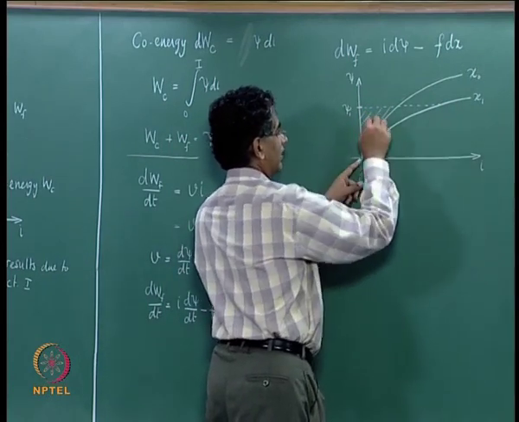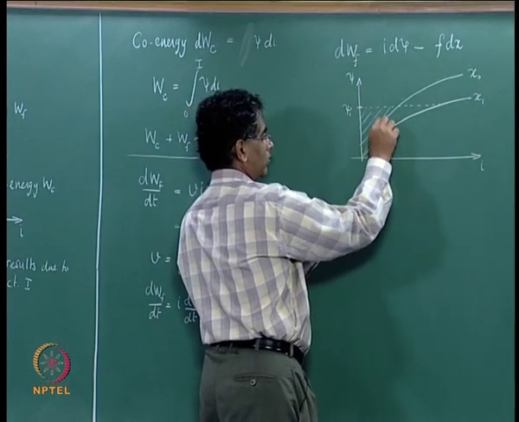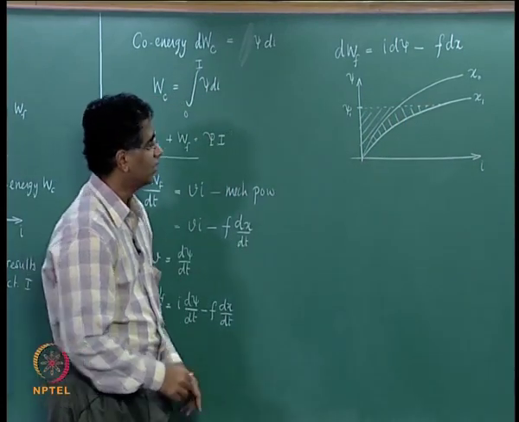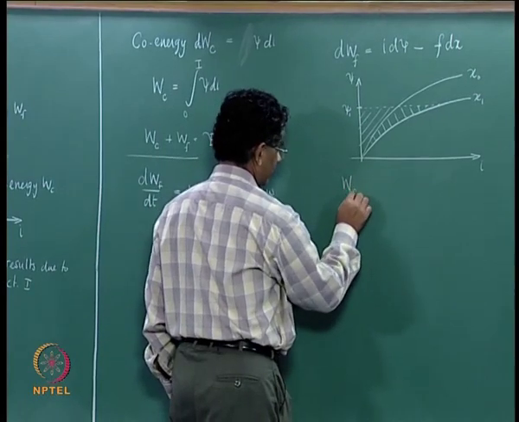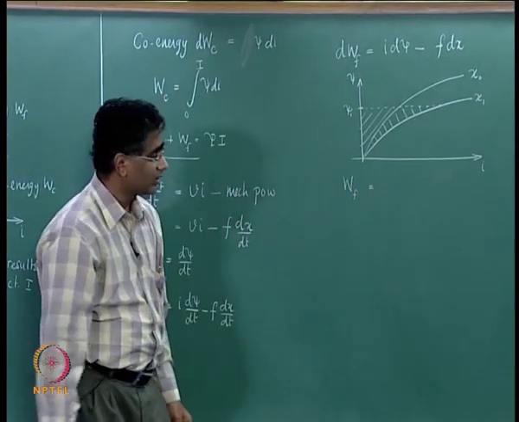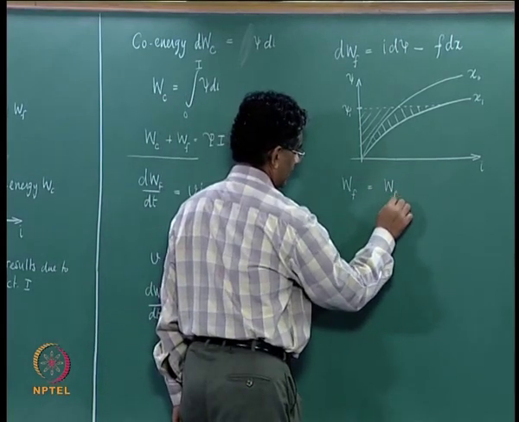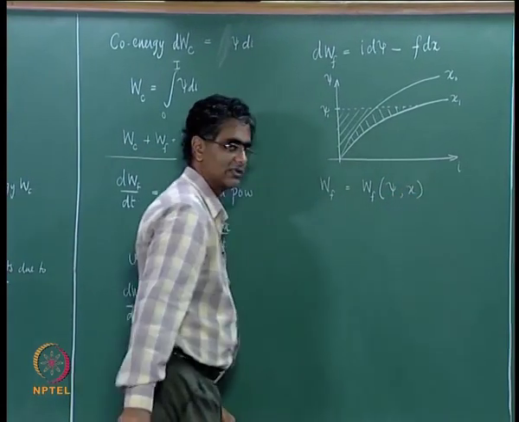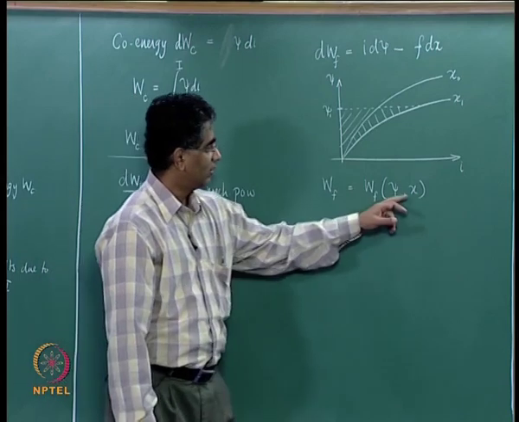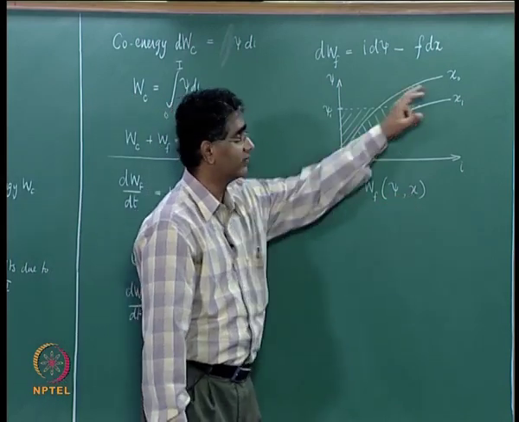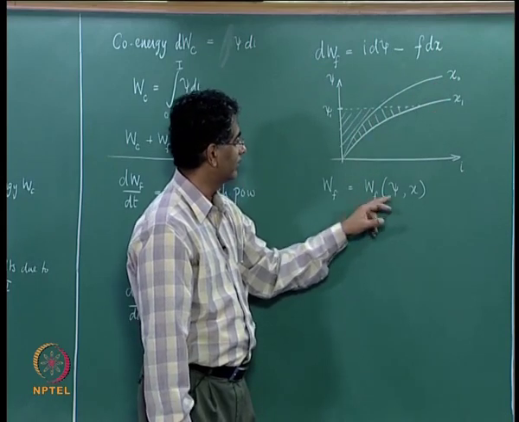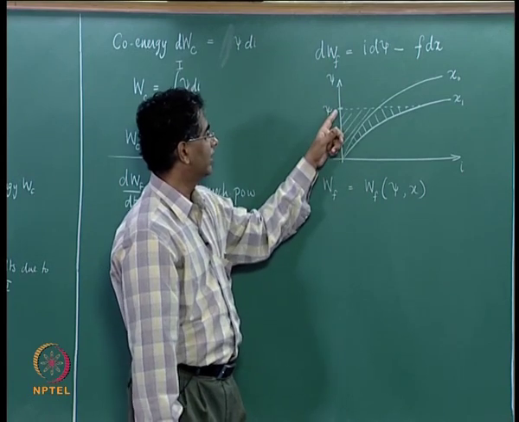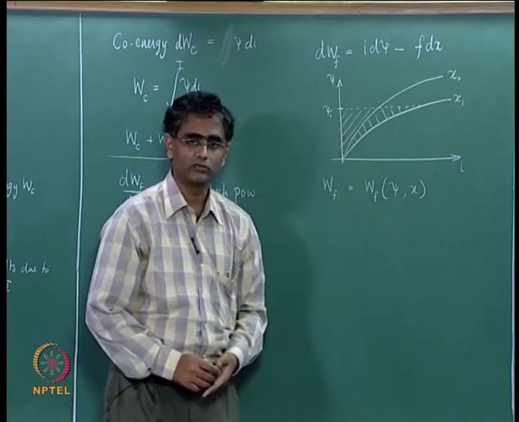If it is this curve, then it is that area plus what is there here. Therefore the field energy Wf we can write as a function of psi as well as x. If x is going to change, then this curve itself changes. If flux linkage is going to change, then we are shifting this value at which we are computing the field energy, and therefore this area obviously is going to change.